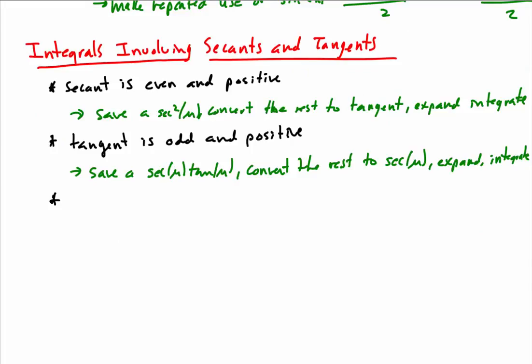Okay, last one, we kind of did this one already. This is when we had a tangent, I think we had a tangent to the fourth if I recall, was even, and in this particular case positive, and there's no secants. What we did is we convert the tangent squareds to secants.